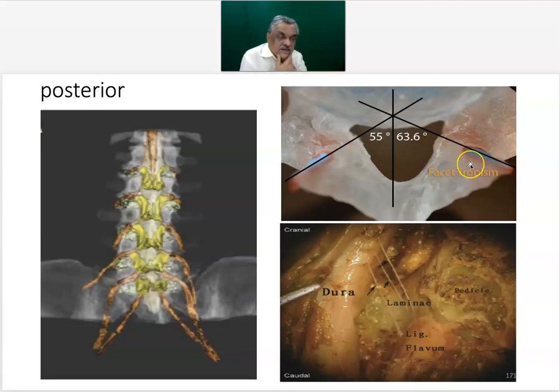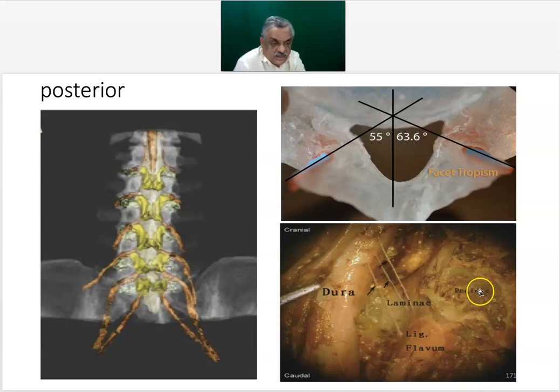If it is vertical, since the facet joints are more aligned in the sagittal plane, there will be higher chances of listhesis. If it is too horizontal, they will have a bigger lateral recess, they will have a smaller central canal, but there will be less chances of listhesis.